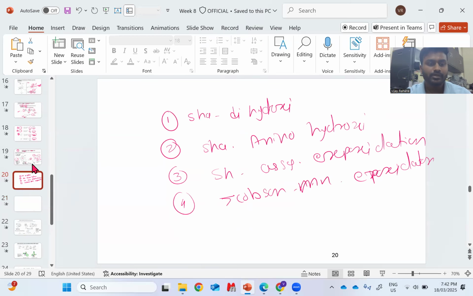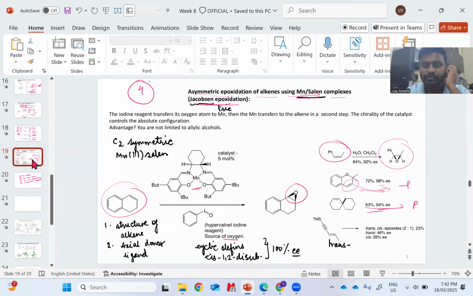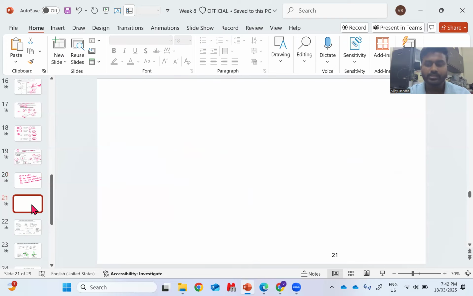If anyone has any doubt, then we will discuss that. Before moving to the next topic, the asymmetric reductions, does anyone have any doubt?